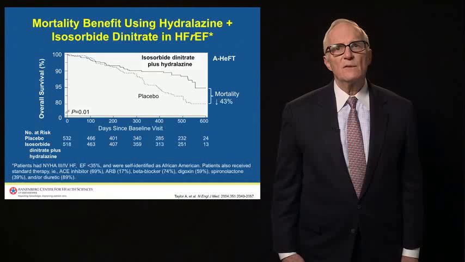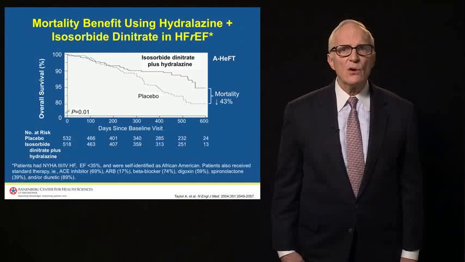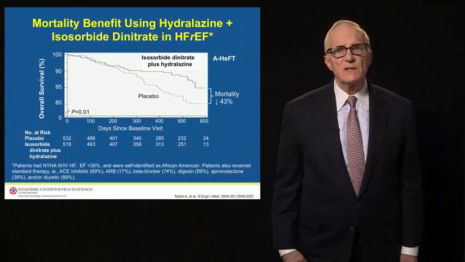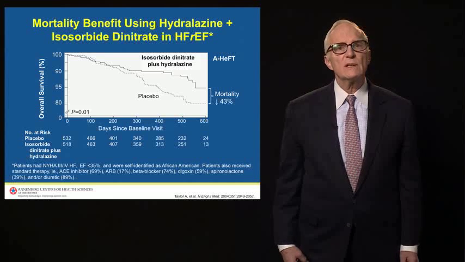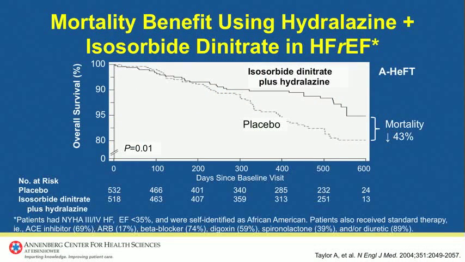However, it was observed that using a combination of hydralazine and nitrates in African Americans with HFrEF led to a beneficial response. In fact, there was, in a trial called the A-HeFT trial, a substantial and significant reduction in mortality in patients with HFrEF who were African American, who were treated with isosorbide dinitrate plus hydralazine versus those treated with placebo.